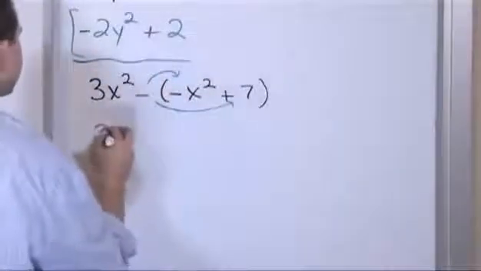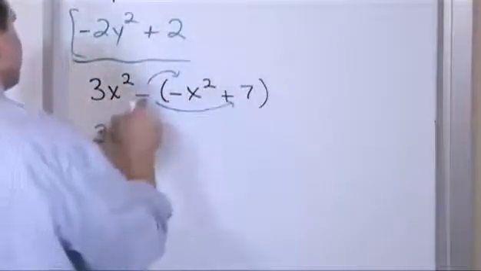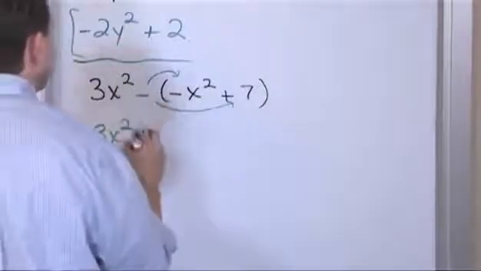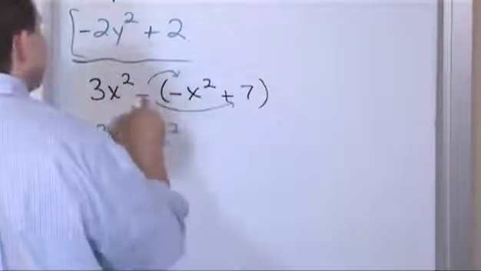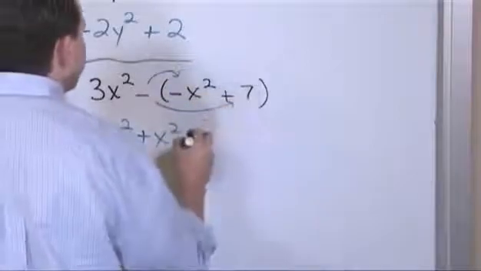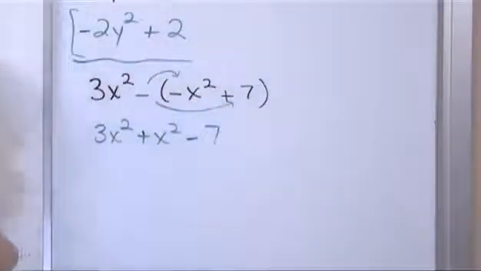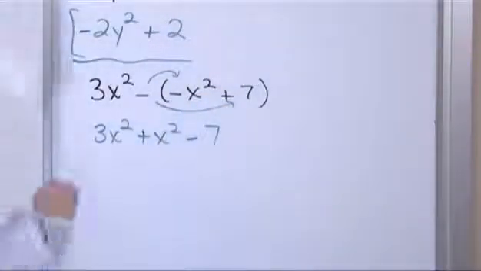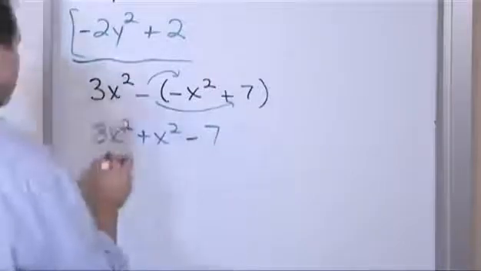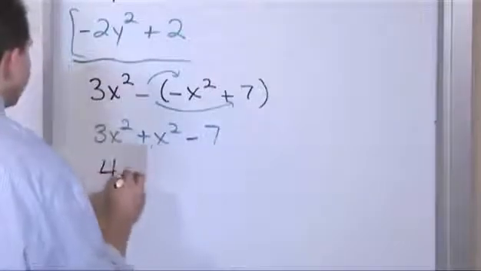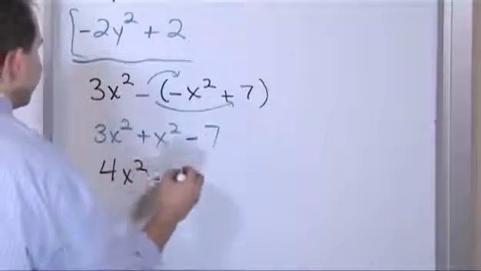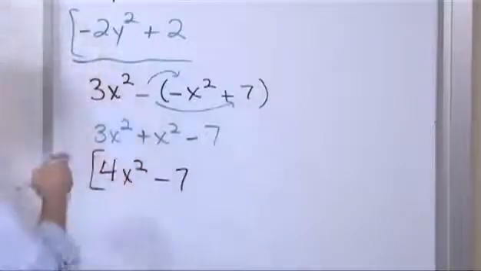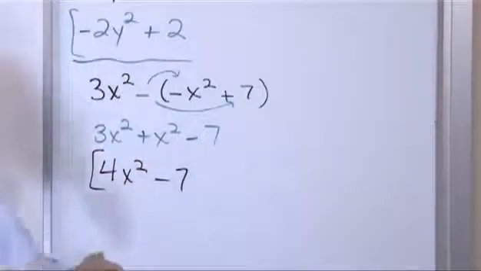So we'll have 3x squared, and then negative times negative x squared is going to give me positive x squared. Negative times positive 7 is going to give me negative 7. Now we look for like terms, and we see right away we have 3x squared plus x squared giving me 4x squared. This minus 7 just stays for the ride. You can't add these together. You can't do anything further with any of that stuff.